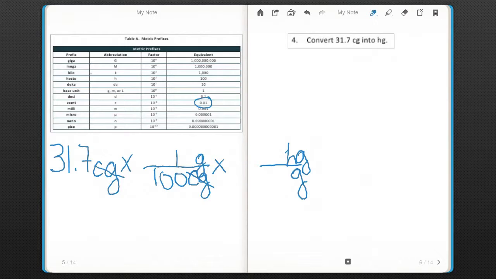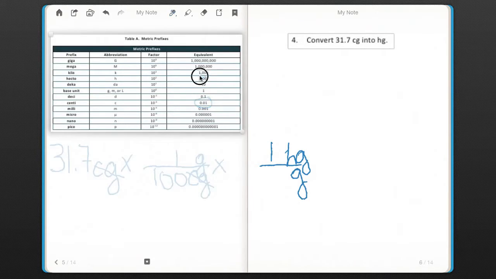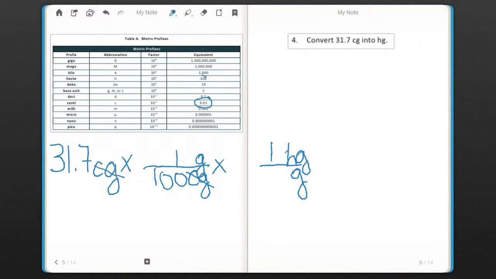On our chart, a hectogram, or hecto, is larger than the base unit, so we'll put 1 in the place for the hecto. Then we need to see how many grams there are in a hectogram, and you can see that there's 100. So there are 100 grams in a hectogram. That gets rid of our gram units, and we'll be left with our answer in hectograms.